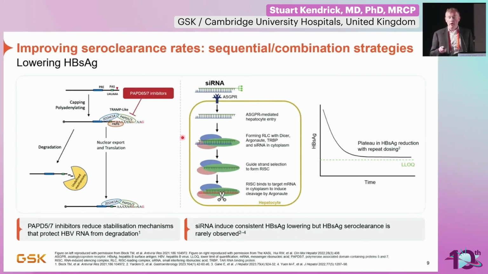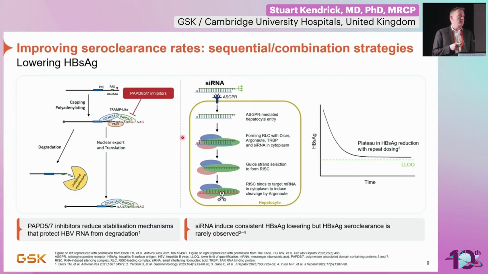There are other strategies we can look at that might be complementary to the Bepi ASO. Firstly, PAPD5 and PAPD7 inhibitors can interfere with the host mechanisms by which hepatitis B stabilizes its messenger RNA. And so if we can reduce the stability of the RNA, we can reduce RNA and hopefully viral proteins by a second mechanism.